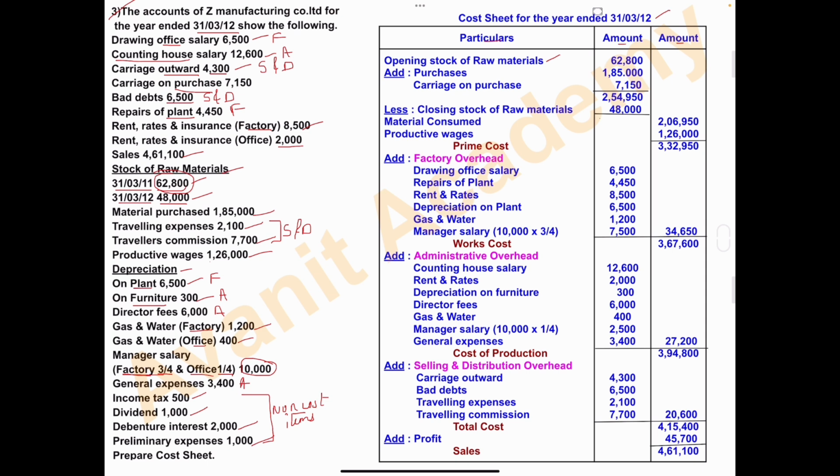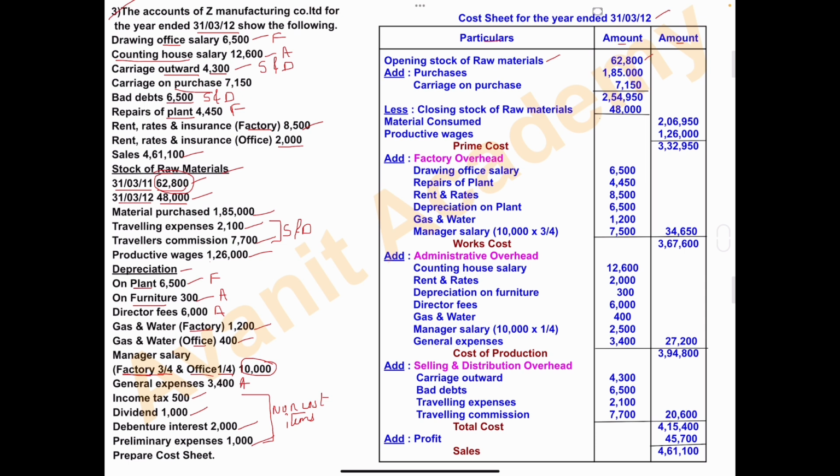Write 62,800 in the inner column. To this opening stock of raw material, what we have to do? We have to add purchases and carriage on purchase. So in this problem, they have given carriage on purchase, that is carriage inward, we have to add. Right?